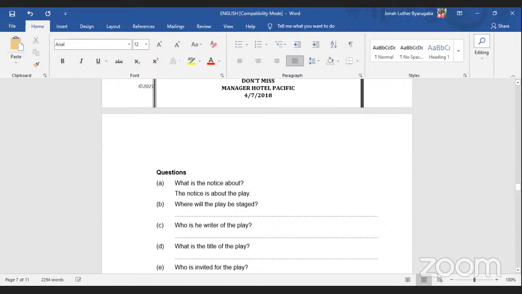The play, maybe you can choose to pick one of the things to describe it. Maybe the play at Hotel Pacific, or the play by. At least here you have given some information about it.